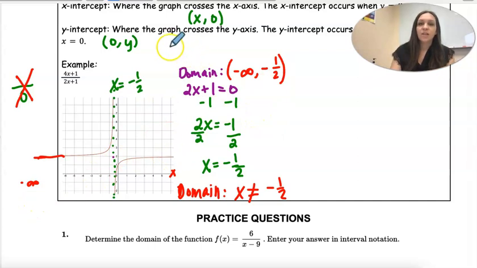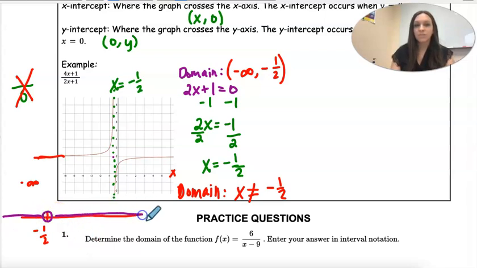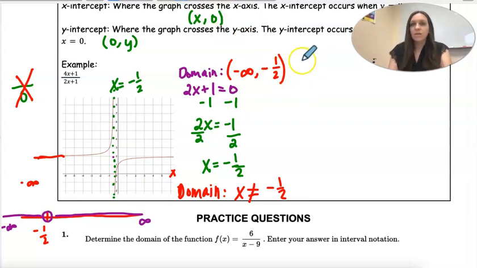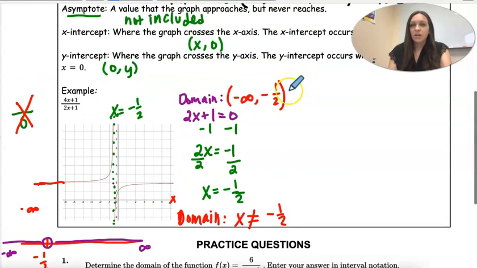Okay, if you need to, think of a number line where negative 1/2 would be an open dot. It's not included, but all of this is included, all of this is included. All the way from negative infinity all the way to positive infinity with a break at negative 1/2. So we have one interval here and we have a second interval. So when we have two intervals, we write a union.